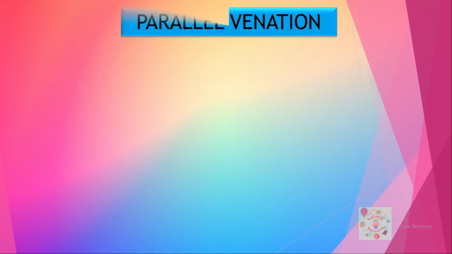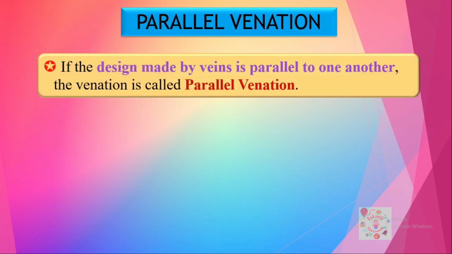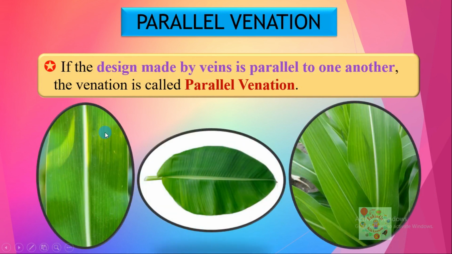That is parallel venation. What is parallel venation? If the design made by veins is parallel to one another, then the venation is called parallel venation. Here, the veins are parallel to one another. Can you see here? Yes. So, this type of venation is called parallel venation.